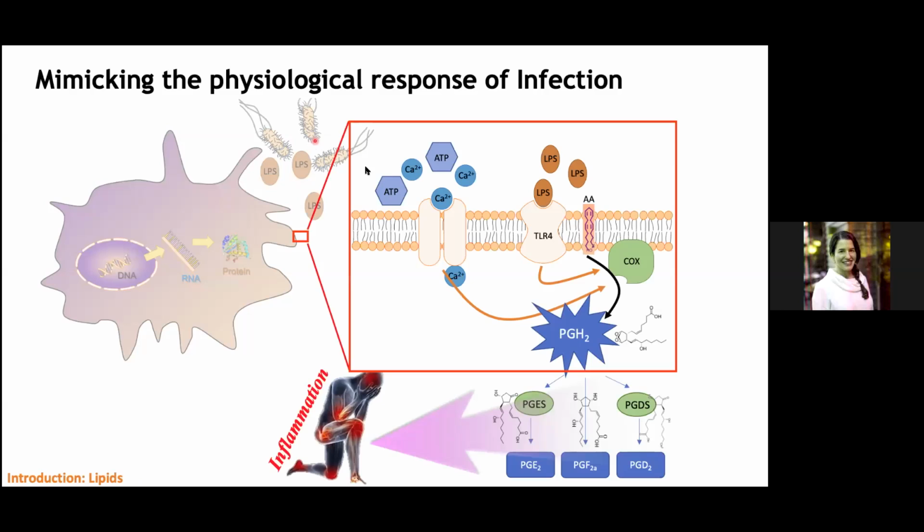LPS is the bacterial molecule that specifically induces an inflammatory response in macrophage cells, and increased levels of adenosine triphosphate, or ATP, which is an energy molecule, act as a danger signal in response to cell death in the surrounding environment. Both of these initiate a cascade of events, which leads to the activation of the COX enzyme.